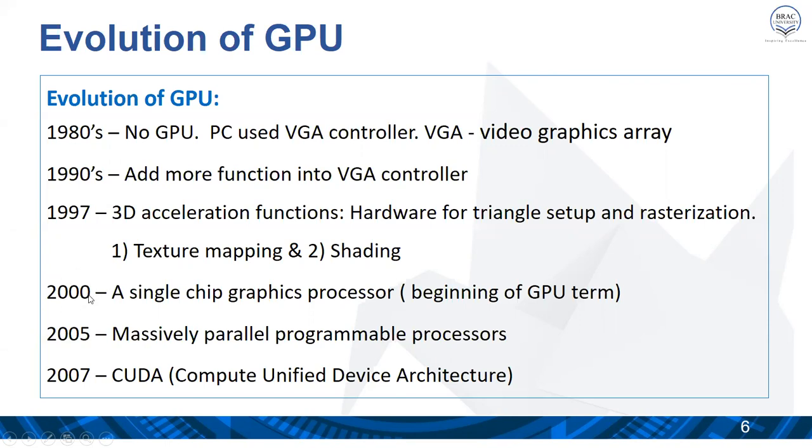In the 2000s, a single chip graphics processor came into the market, which was the beginning of the term GPU. In 2005, massively parallel programmable processors were available.